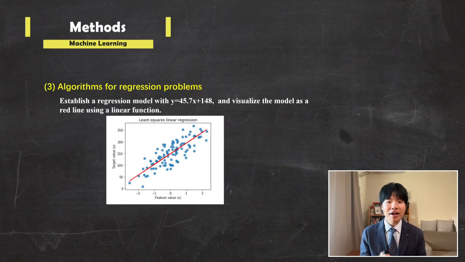Using the linear regression algorithm, we've built a regression model based on this data. The model is y equals 45.7 times x plus 148. This model uses a linear function for modeling, and its visualization is this red line.